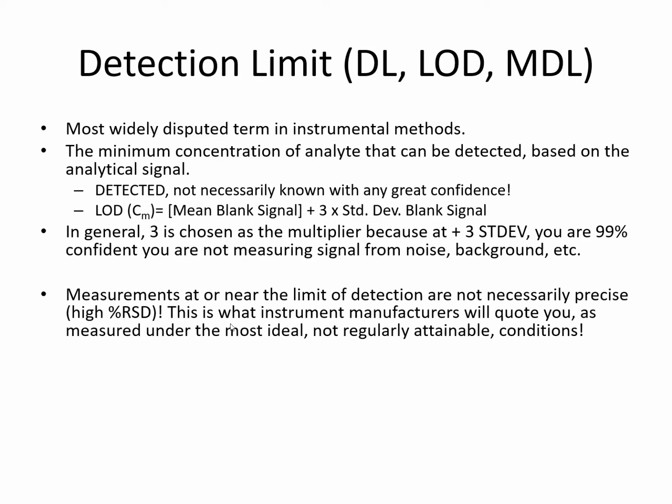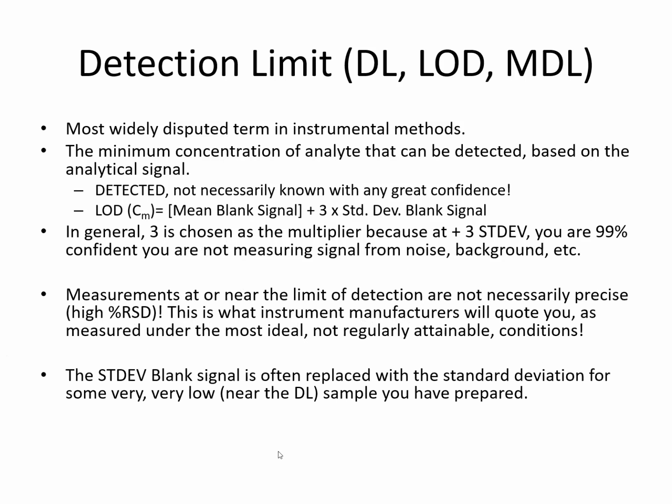And usually, this is what instrument manufacturers will quote for you as a measurement under the most ideal, not regularly attainable conditions. Now, notice how we define LOD: the mean blank signal plus 3 times the standard deviation of the blank signal. The standard deviation of the blank signal is often replaced with the standard deviation from a very low concentration sample near the detection limit.